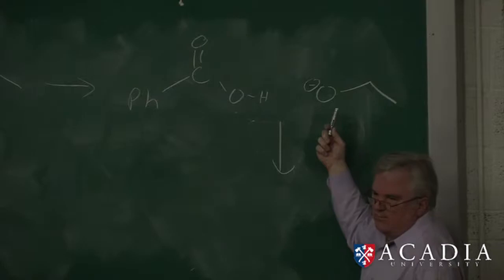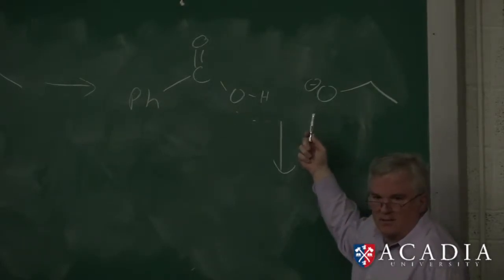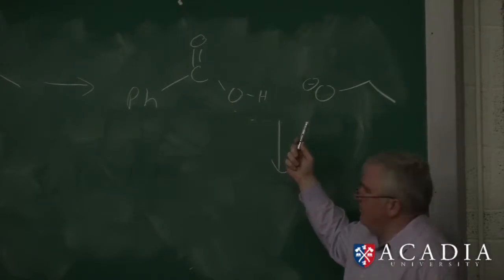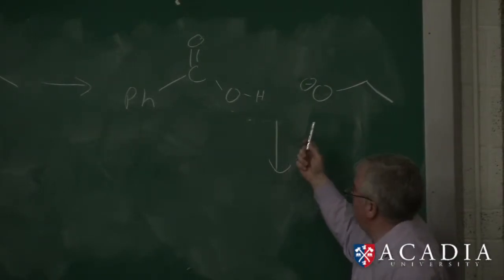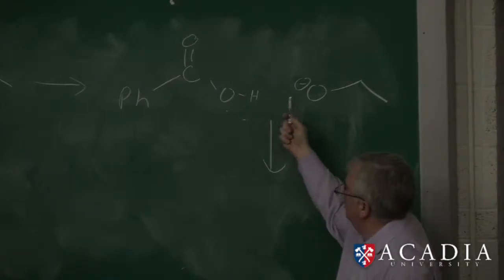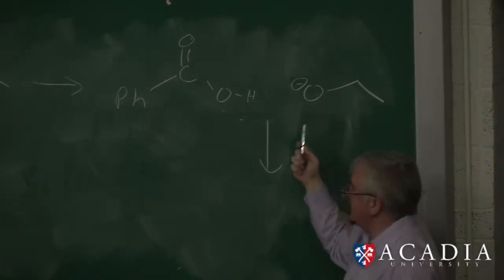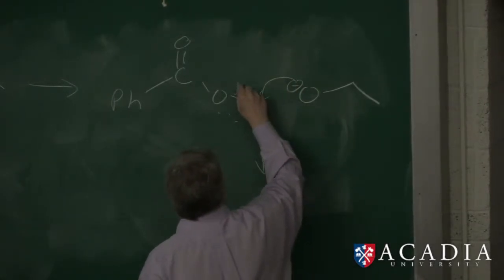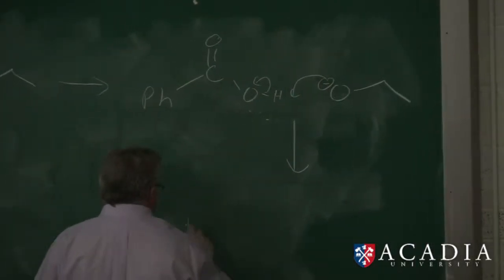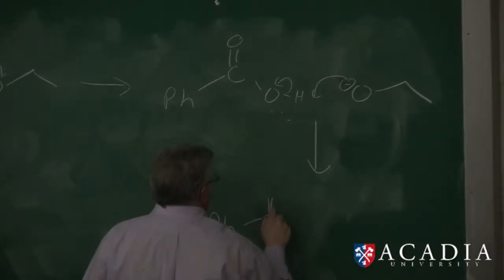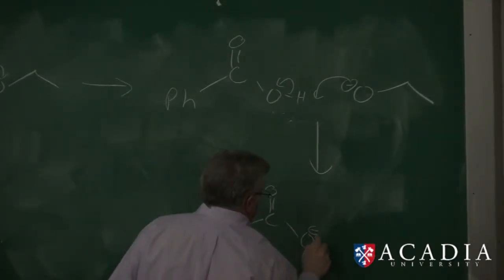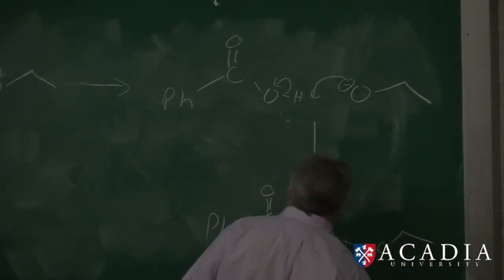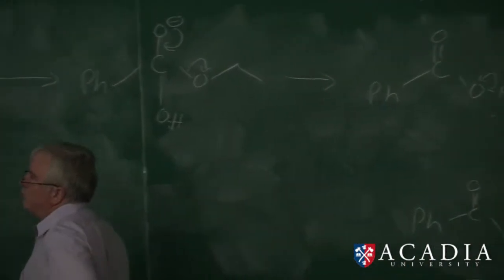What's this base going to do? Most likely it's going to rip off another proton from water and give me hydroxide back, but that's okay because hydroxide is going to do the same thing. Either way, when hydroxide meets this carboxylic acid, we just get this, and the alcohol.